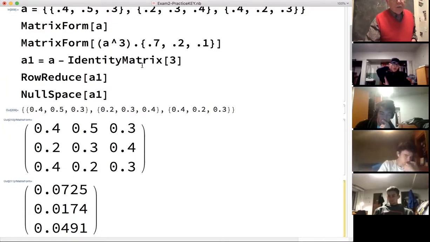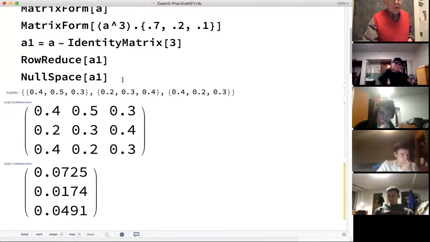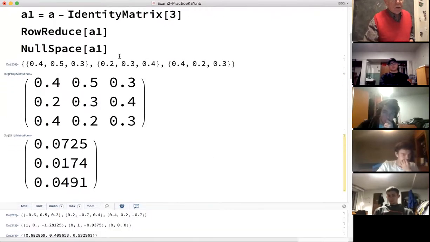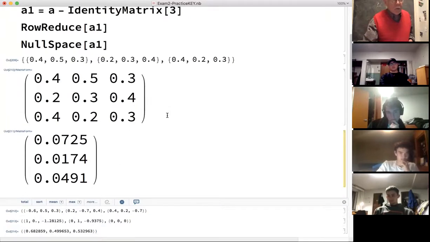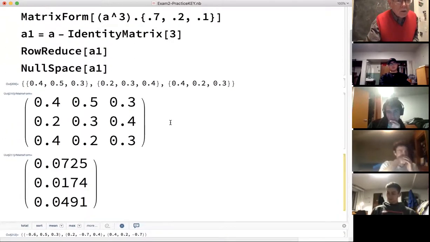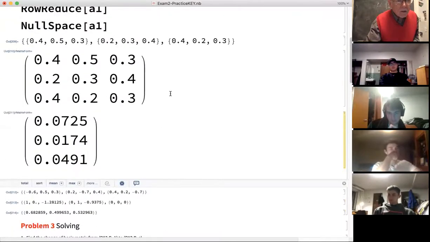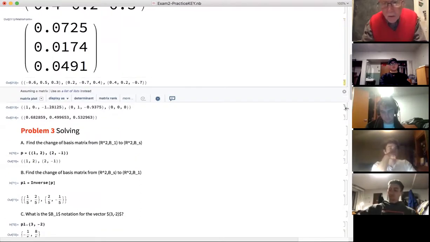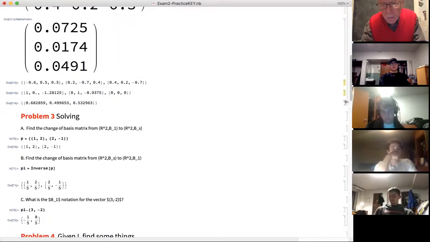So A1 is that matrix, A minus the identity. Then I want to find the null space of that. You can do that in two ways. I row reduced it. This is the row reduction. No, that's not the row reduction yet. That's down here. So let's expand a few of these guys.